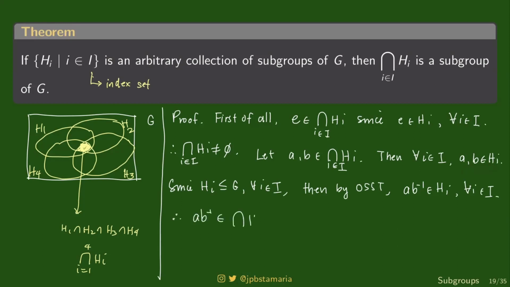Nasa intersection ng mga HI. Therefore, by one-step subgroup test, once again, the intersection is a subgroup. O di ba madali lang yung proof? Kasi nga, meron ka ng mga subgroup tests na yan. Tsaka nauunawaan natin kung anong laman ng intersection. Remember that, okay?